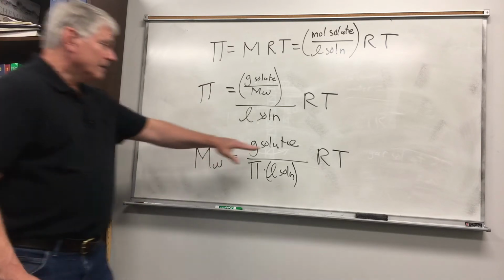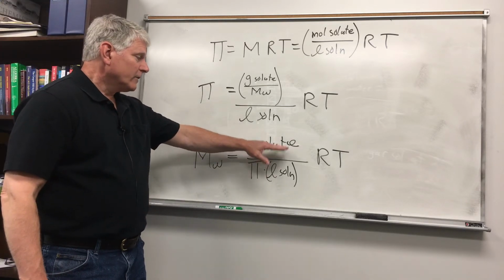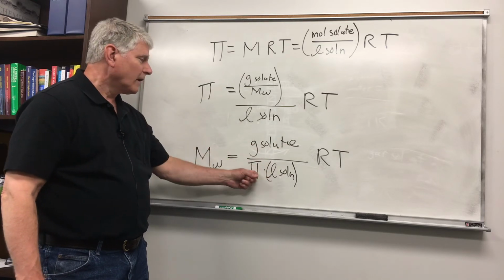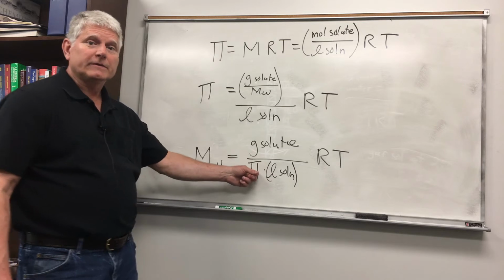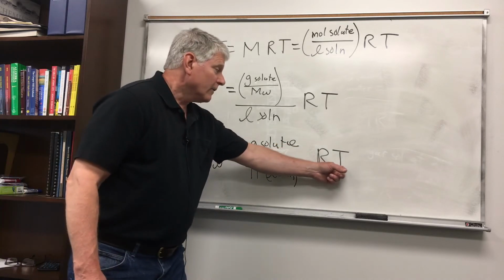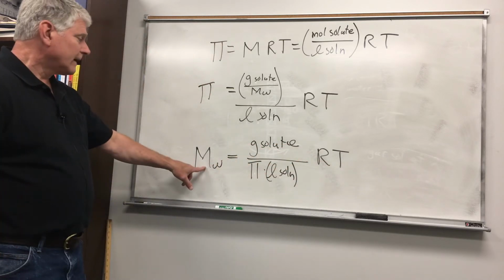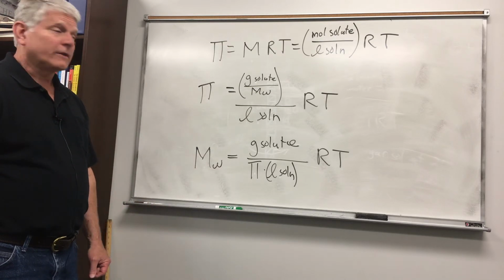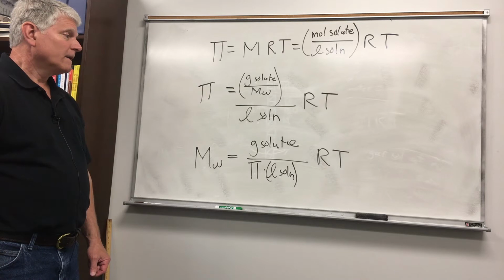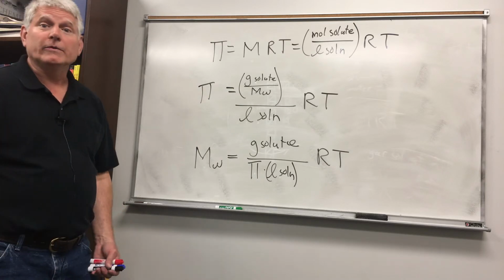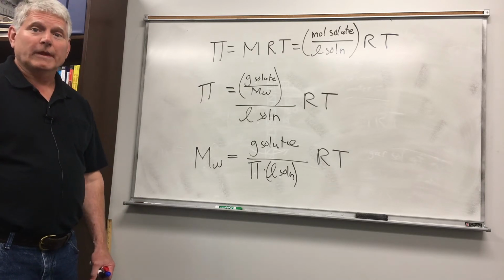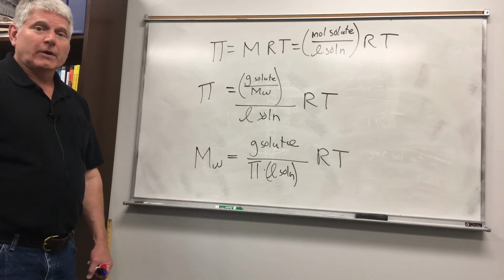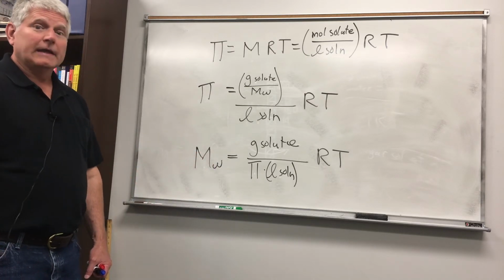So if I measure out a certain number of grams of solute, dissolve it in a certain liter of solution, measure the osmotic pressure experimentally, which is easy to do, and know the temperature, then I can calculate the molecular weight of my solute. So this is useful for polymers. When it's hard to measure the molecular weight of a large polymer, it can be done through the osmotic pressure. And this is how it's done in industry.